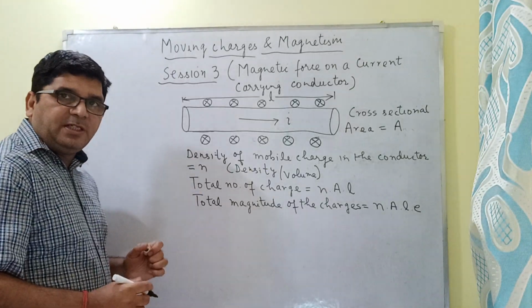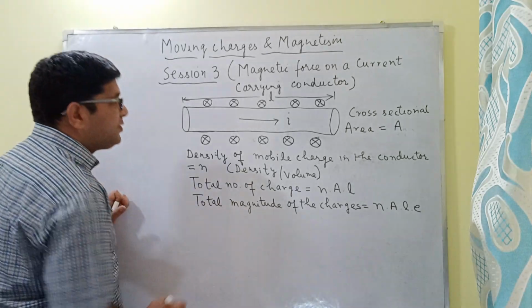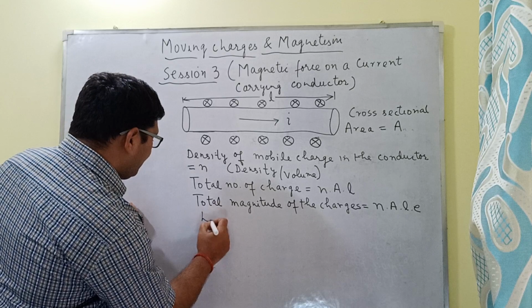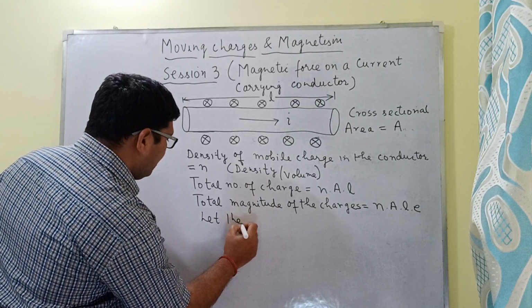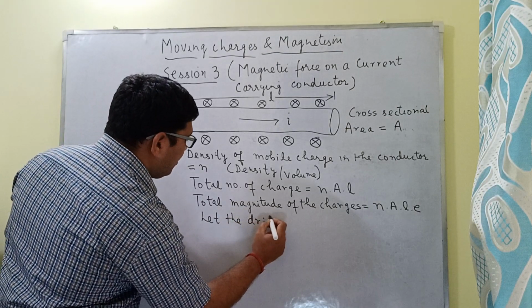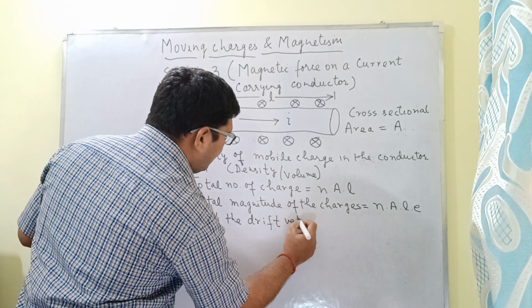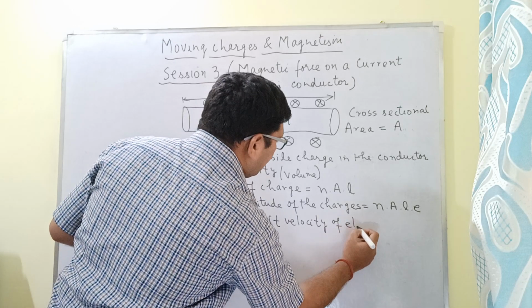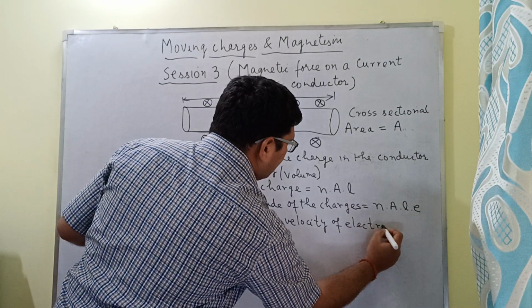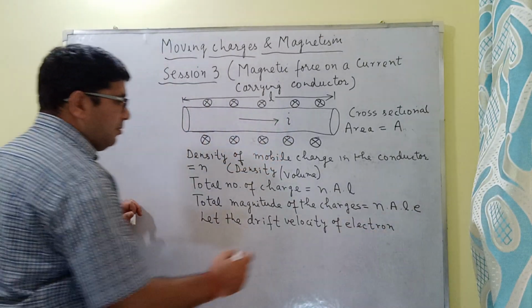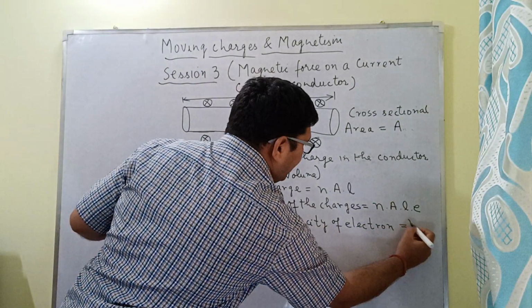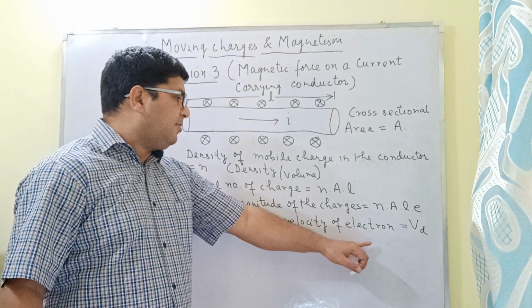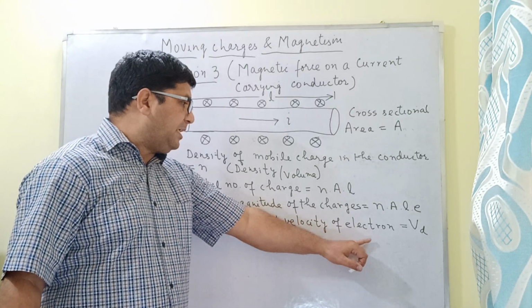So in this case, what we take is the drift velocity of electron. Let the drift velocity of electron be equal to Vd. ये हम लोग we have already studied in the chapter of current electricity.